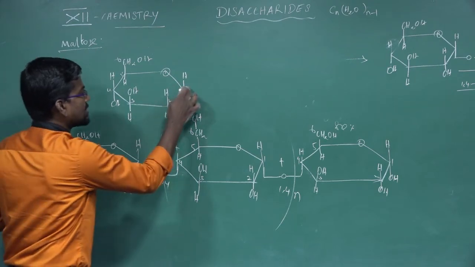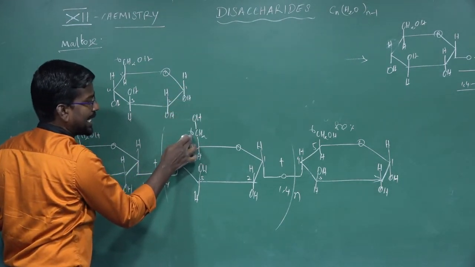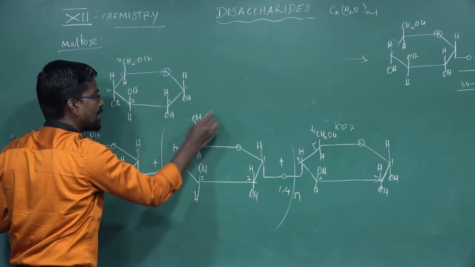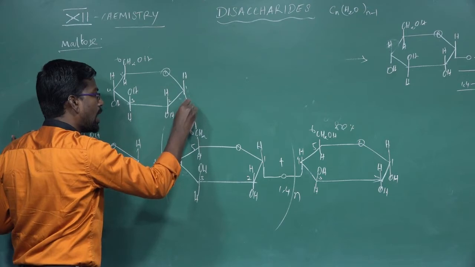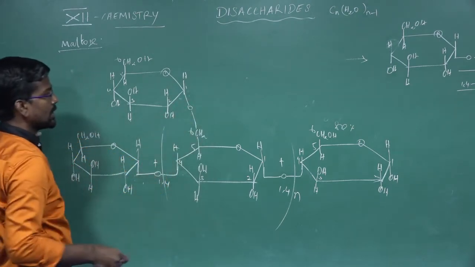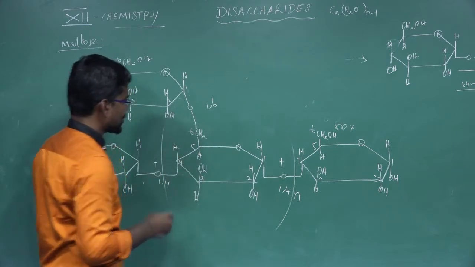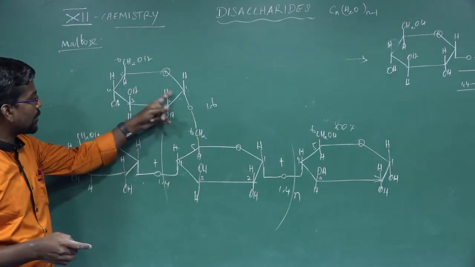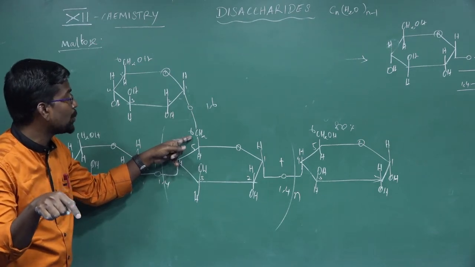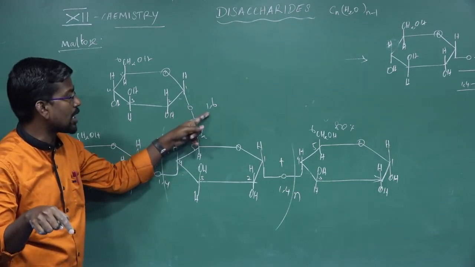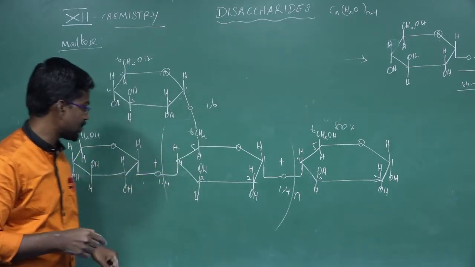The OH group on the first carbon can be combined with the OH group on the sixth carbon, so H2O is removed. In this linkage, the bond is a 1,6 linkage. The first anomeric carbon of one compound combines with the sixth CH2OH group to form a 1,6 alpha glycosyl linkage.